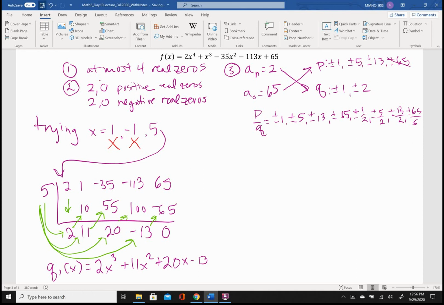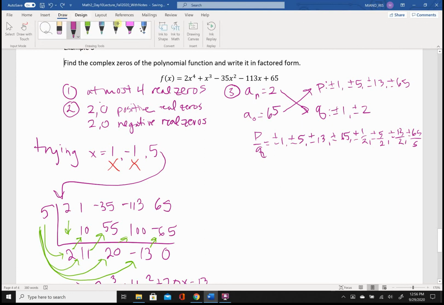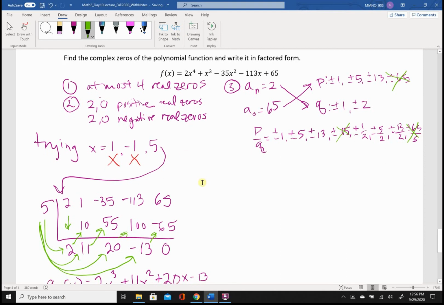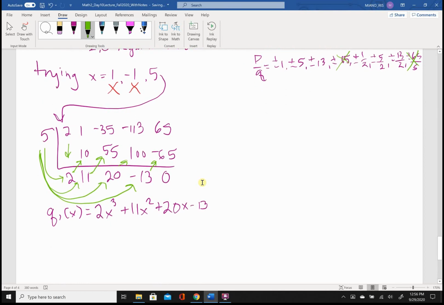Oops, actually, hold on. And we just want to take that off and this off and this off, and the remaining stuff in this dark magenta is going to be the list of possible values. The ones that didn't work before, we don't want to retest because they're just not factors at all. But the ones that did work before could work again.